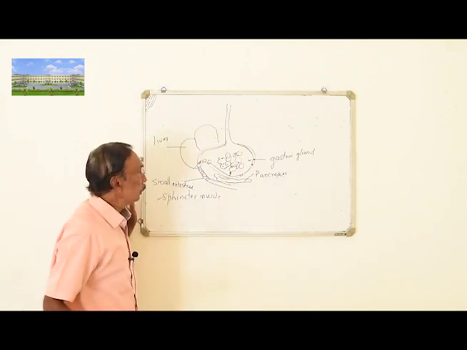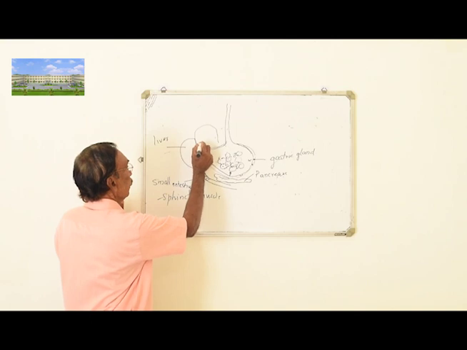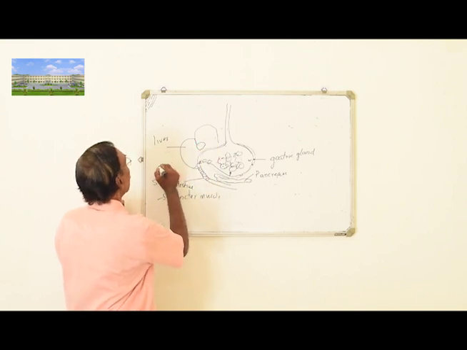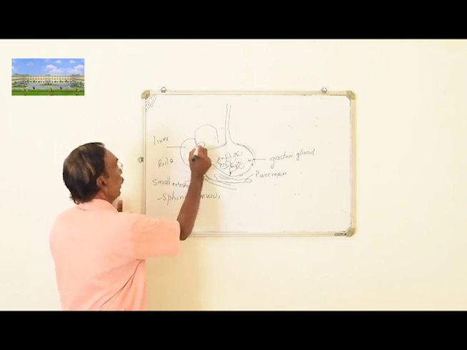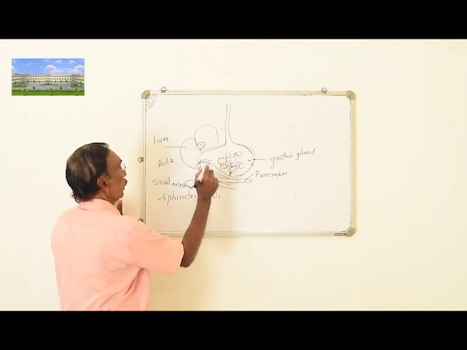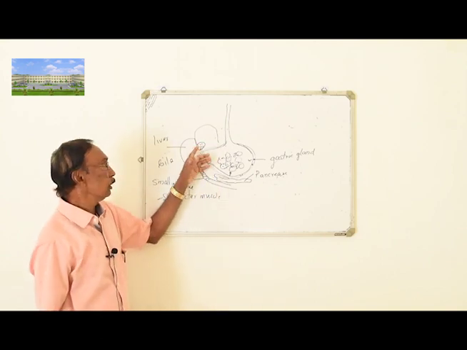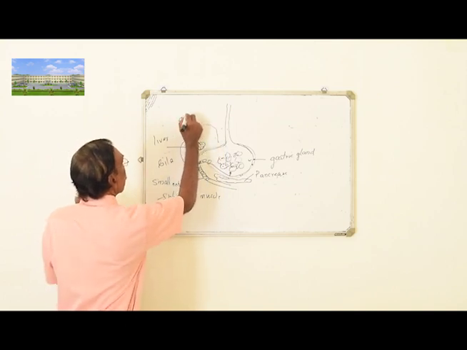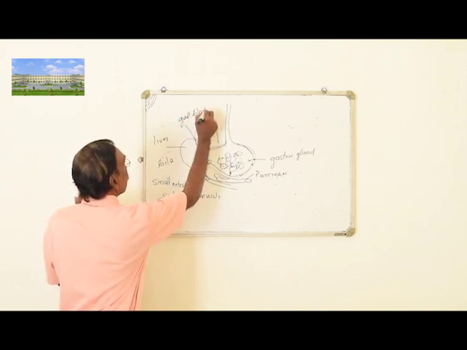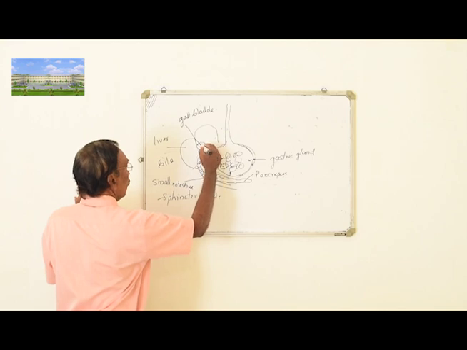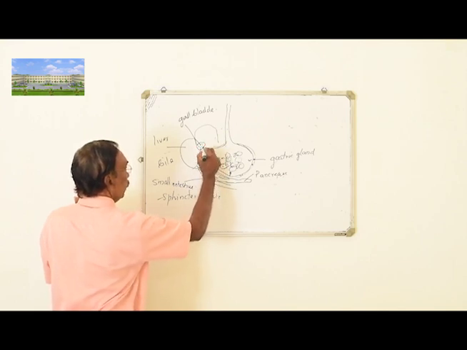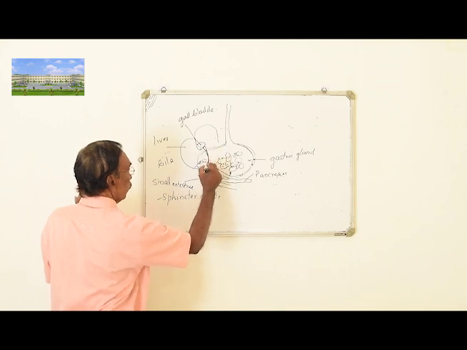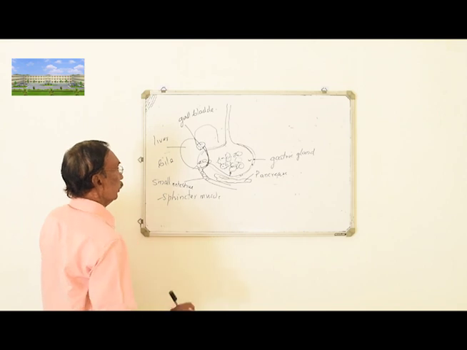The secretion of the liver is called bile, B-I-L-E, bile. It will be collected in a special sac. This sac is called gallbladder. From the gallbladder there is a duct tube, and through this tube the bile, the secretion of the liver, will come to the small intestine.